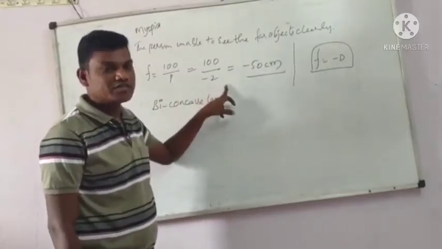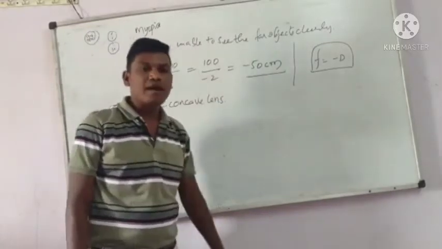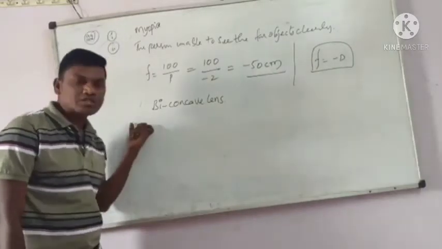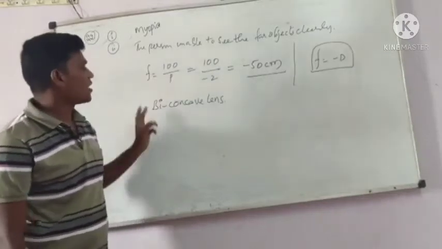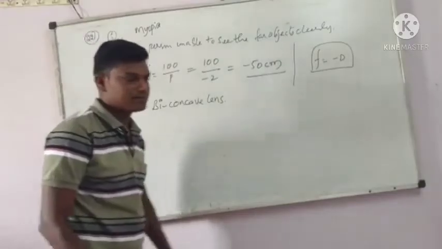D is the unit of the power, that is diopter. So 100 by minus 2, that is minus 50 centimeter. So which type of lenses are we using to correct the myopia? Biconcave lens.